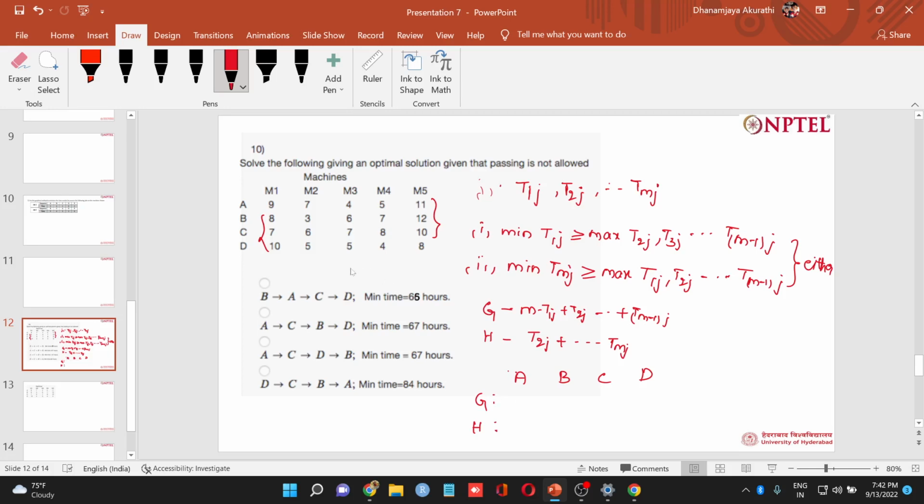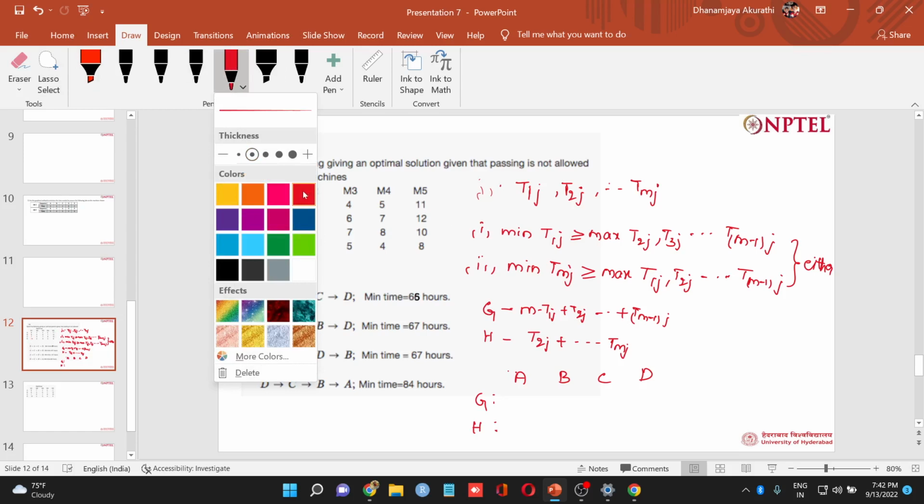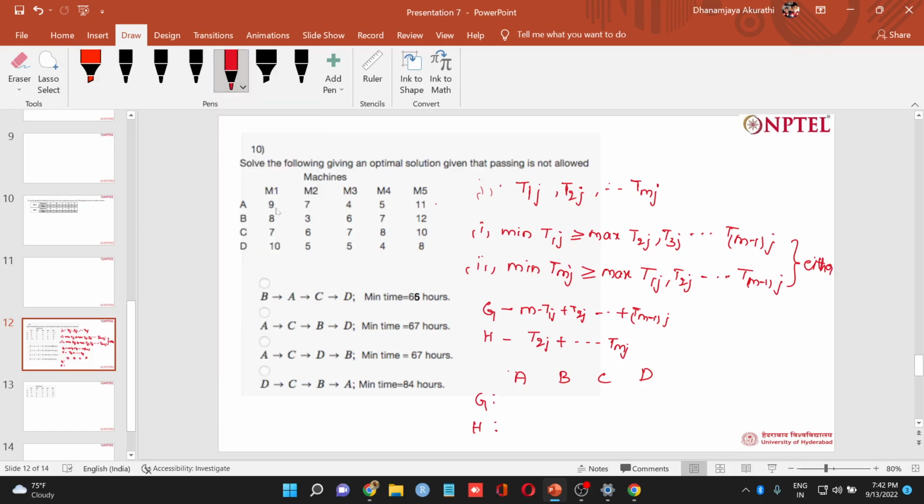How can we convert that? For job A, here is the time. We have to consider 1 to Tm minus 1, that is one mission's time, and 2 to Tm, that is the other mission's time, and add them up.